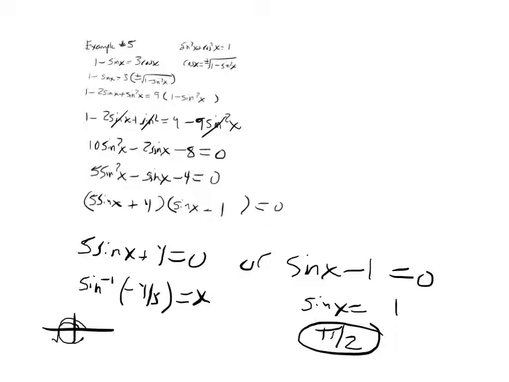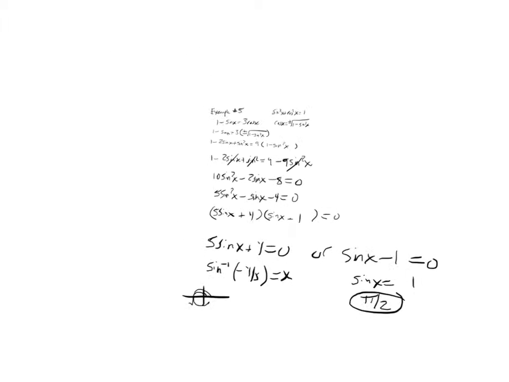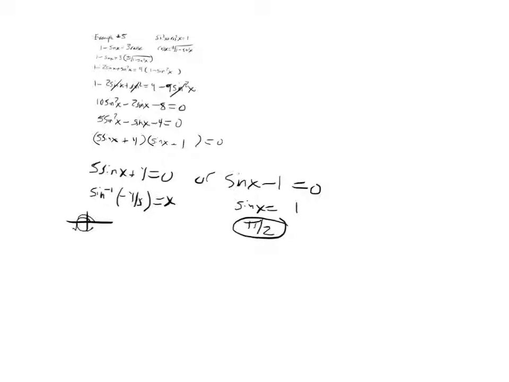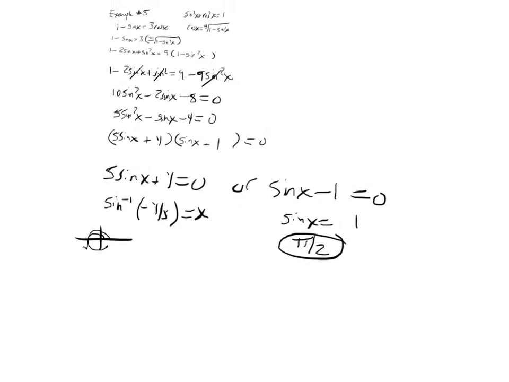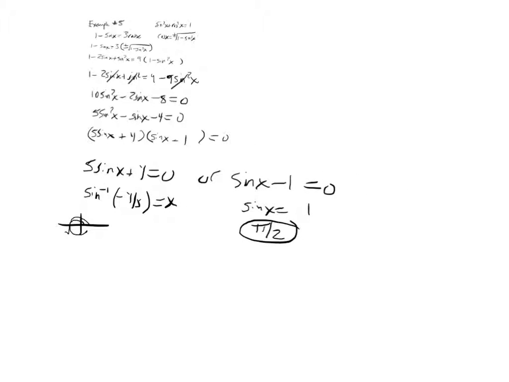So I'm going to have a third and fourth quadrant angle, and I would use my sine inverse tool. Sine inverse of negative 4/5 is going to give me negative 0.92, and so my reference angle is 0.92.